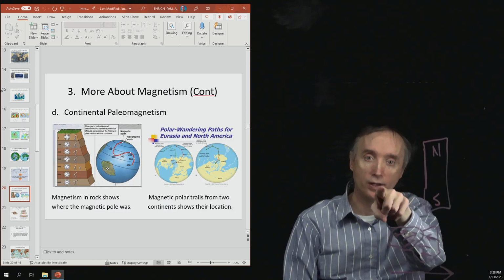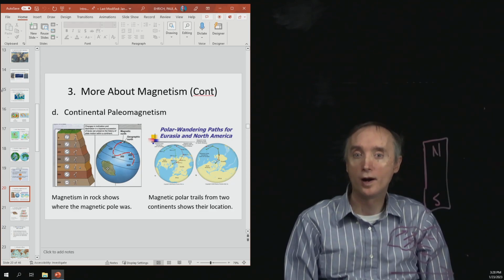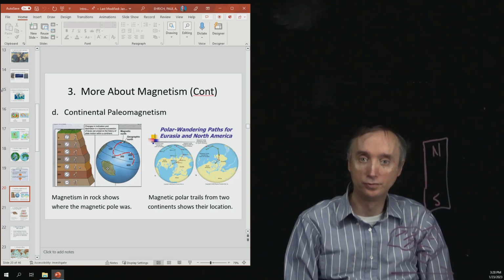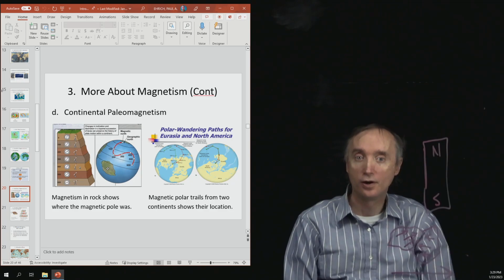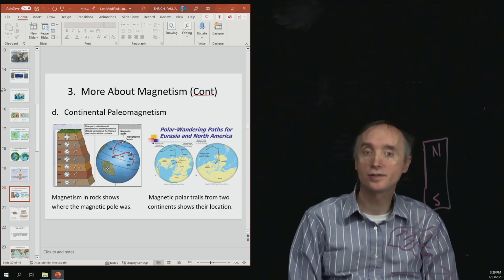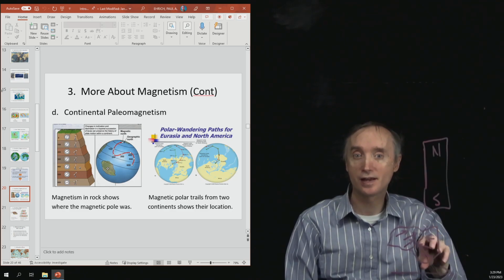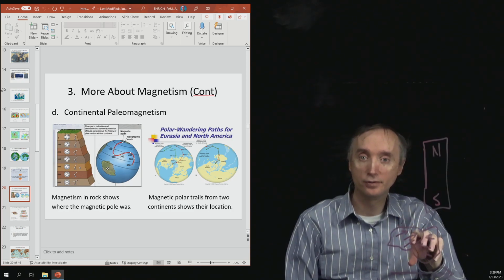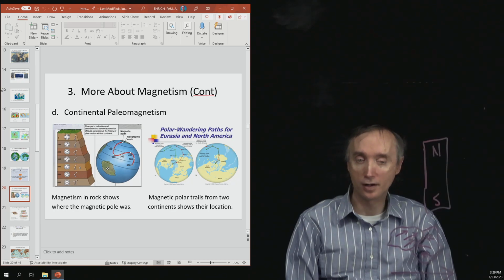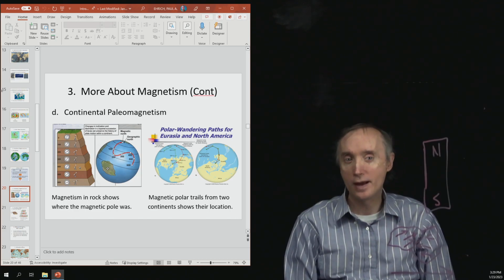And do you see that squiggly line there on the Earth's surface? That shows where the south magnetic pole was when those particular rocks were laid down. Okay, now they go across the ocean, let's say, into Europe, and they find the same set of rocks that they found in North America, and they measure the magnetism in those rocks, and they get another squiggly line, and you'll notice that the two squiggly lines don't match up.